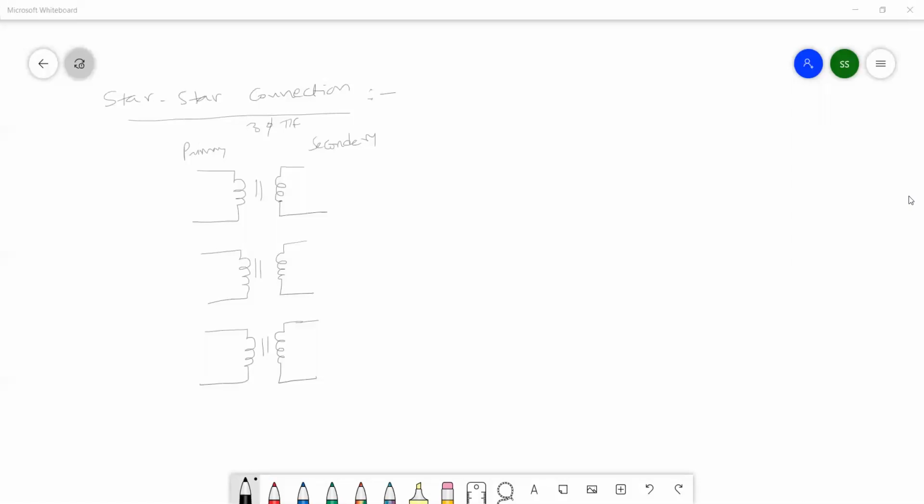So now, up to this, was it clear? Now, Esma, you have to tell your roll number. Sir, 19309, sir. Okay, right. Now see, in primary and secondary, the coils are there. For your understanding, you can take this as coil 1, coil 1 dash.